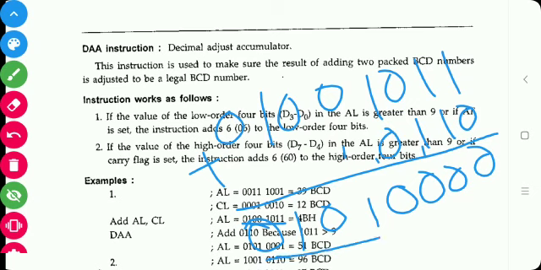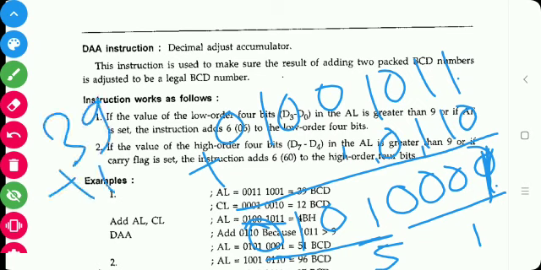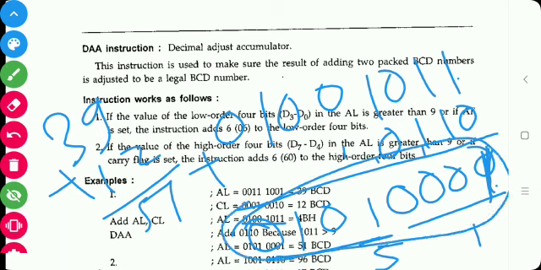What is this? 5, and this is 1. So this is 51. As I told you, 39 plus 12 is 51. So how is this number adjusted to 51? Because the lower order 4 bits are greater than 9, we add 6 to the lower order 4 bits.